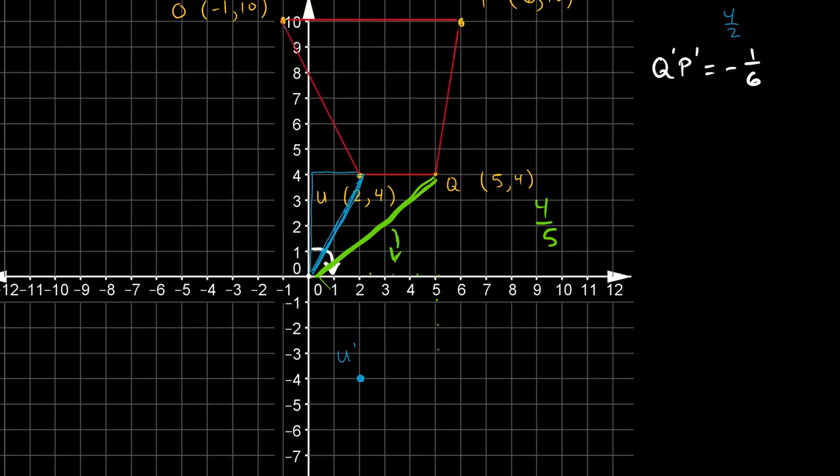I need a slope of -5 over 4. So I need to go down 5 and over 4. Okay, so I'm going to go down 1, 2, 3, 4, 5 and over 1, 2, 3, 4.